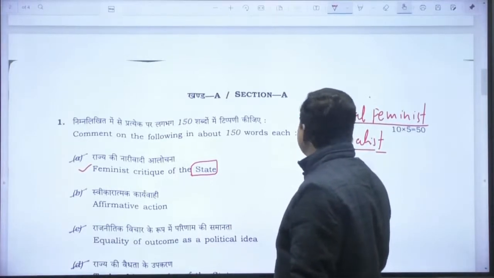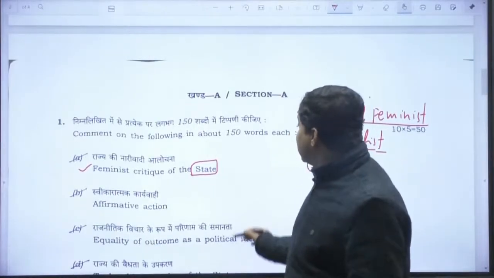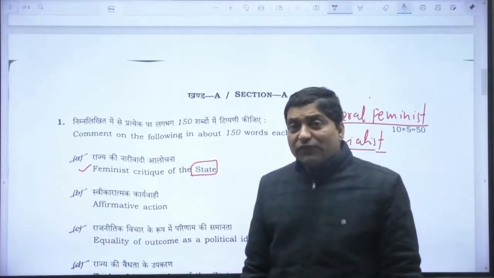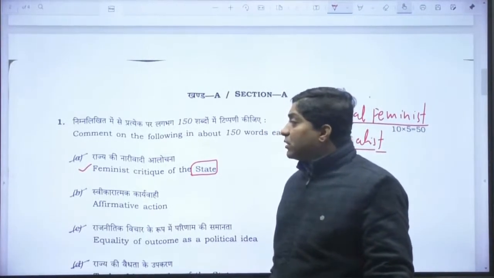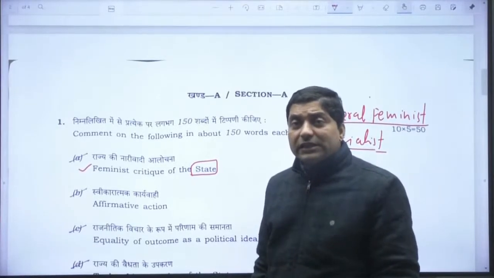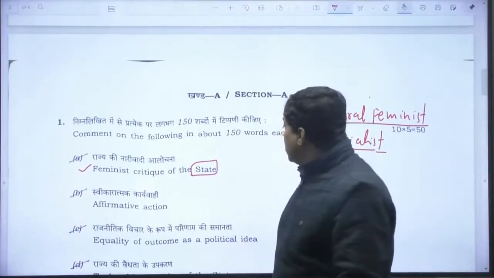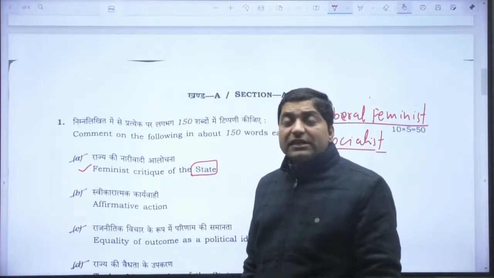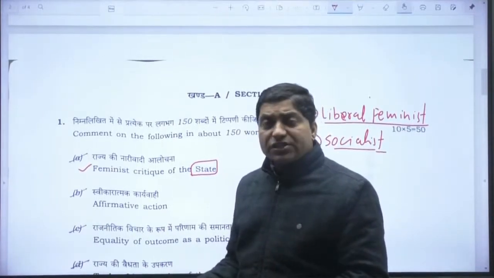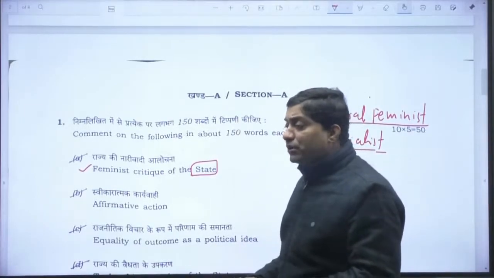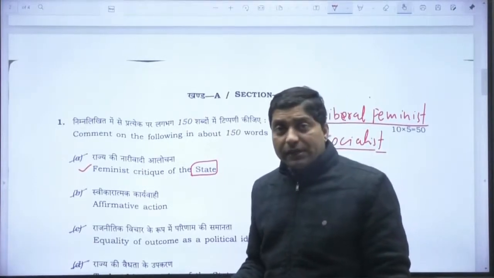Third, radical feminists. What do radical feminists say in criticizing the state? Radical feminists argued that the entire history of political theory is divided into public sphere and private sphere. In the public sphere, the state has intervened and made laws and regulations. But what about the private sphere, which is the family?